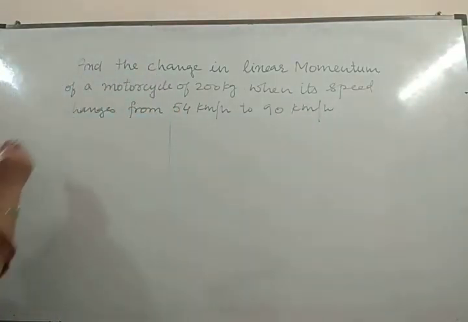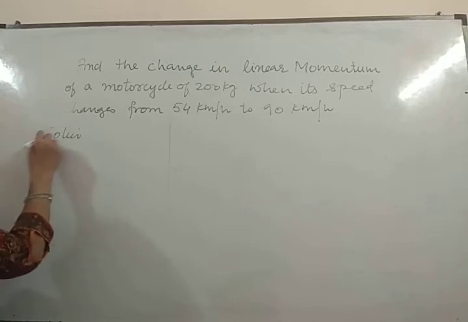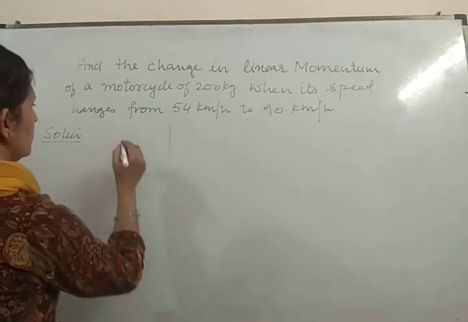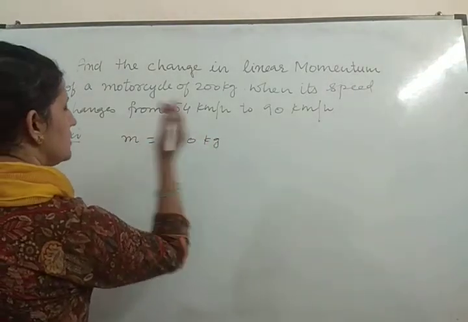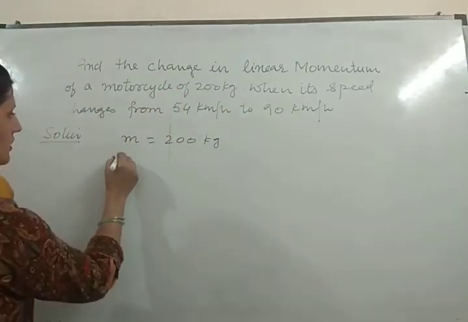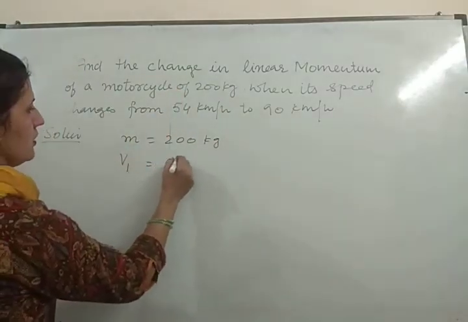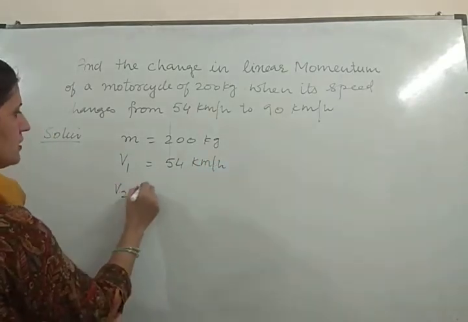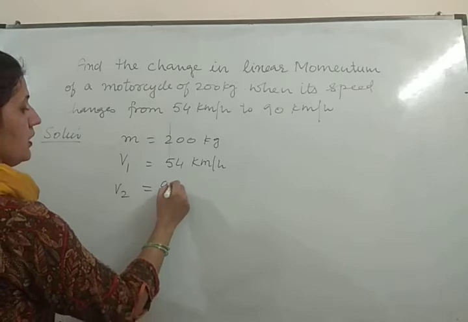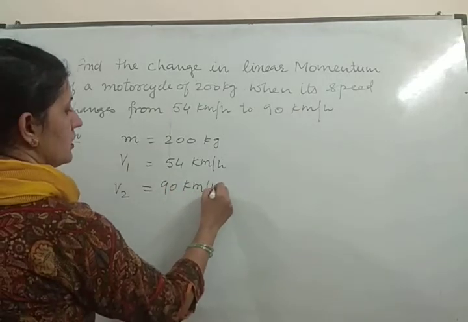So the solution is, first of all, you have to find the momentum and write the values. What is given to you? Mass is 200 kg. It is in SI units. So convert the initial velocity 54 km per hour and the final velocity 90 km per hour into meter per second.